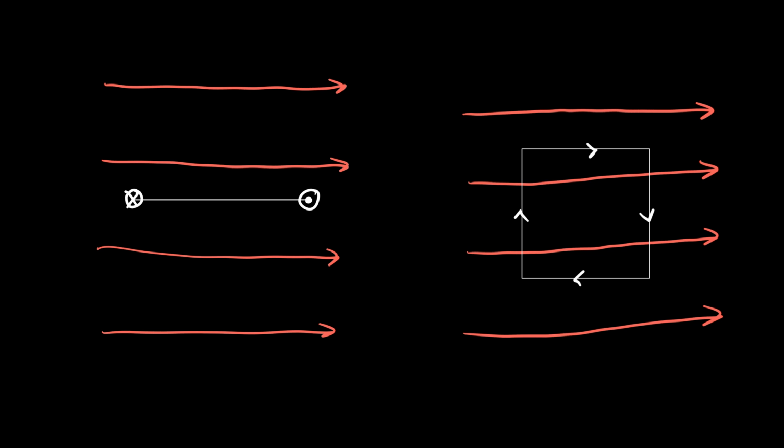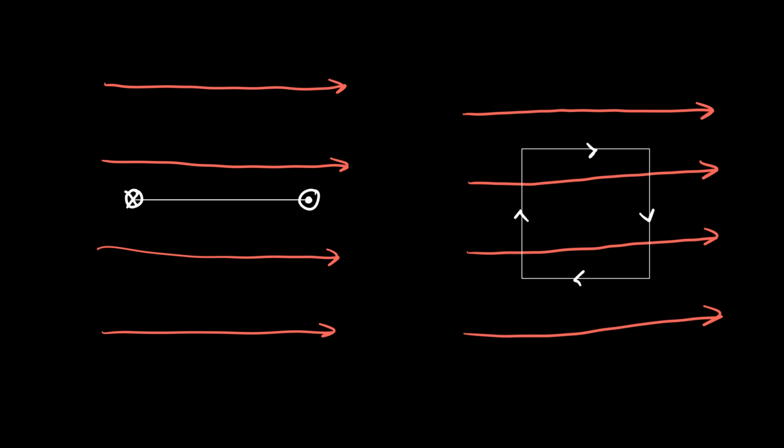If I use my right-hand rule, the way it is now, and look at either one of these. So I look at this one, I'm noticing that my thumb goes into the board here.